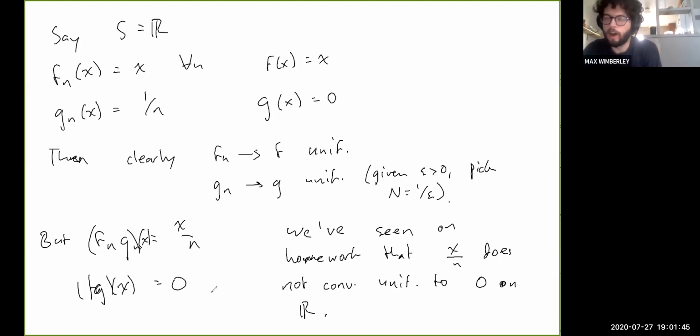Did you guys have any other different counterexamples? I would say the key thing that pops out about the counterexample here is the fact that one of these converges to this random function, and the other one converges to 0.